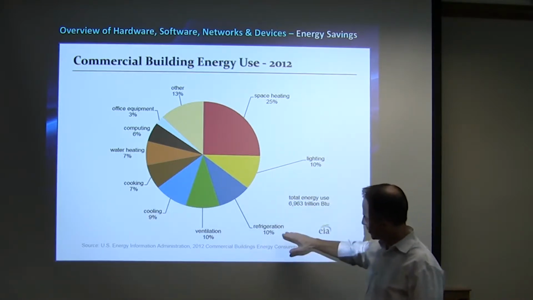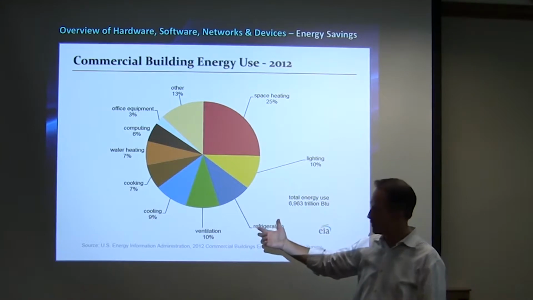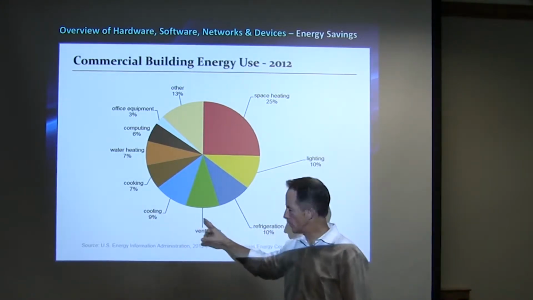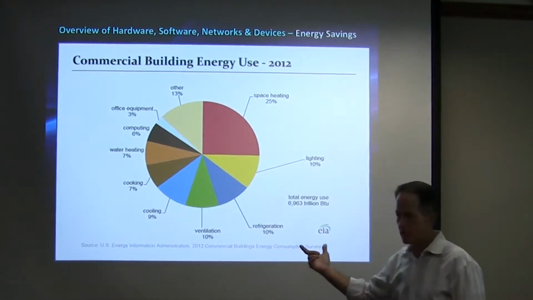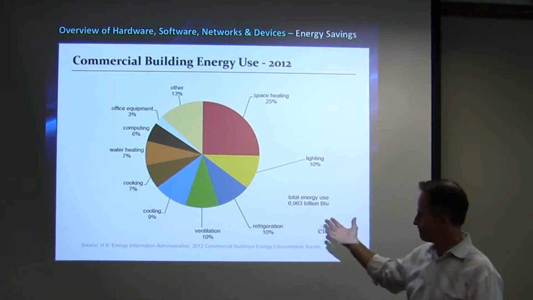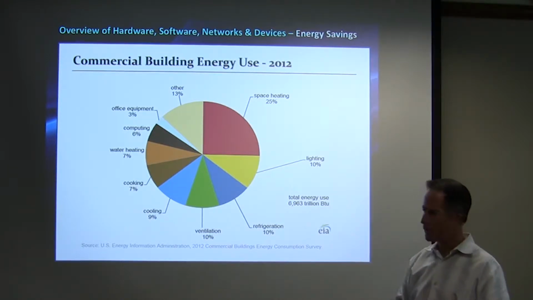And then we've got refrigeration. They don't specify if this is for food, because we have cooling over here, so I'm not sure if they're both for cooling the space that we're in, or if one is for cooling food and cooking areas and stuff like that.